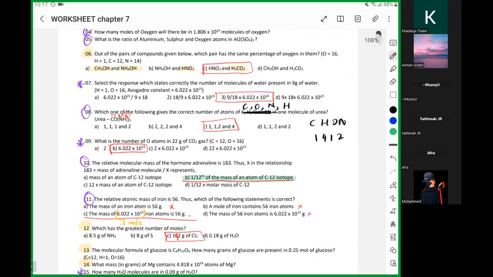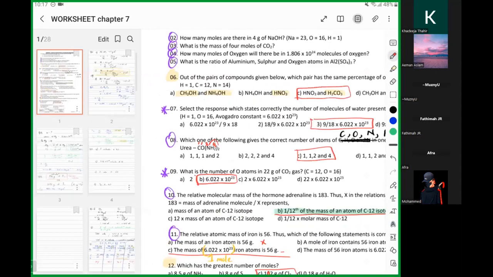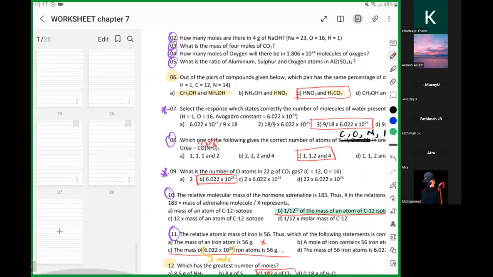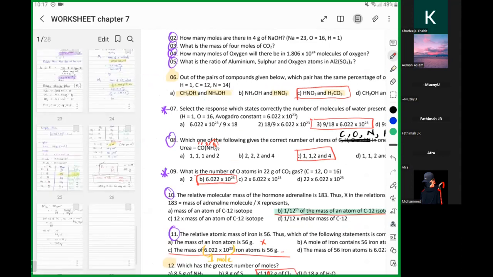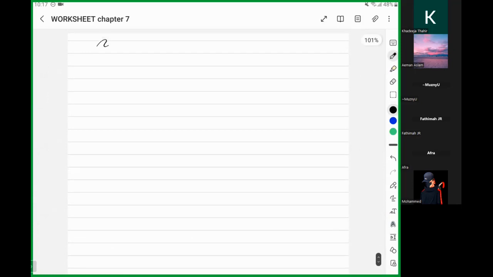Yeah. What is the difference between molar mass and relative molecular mass? Okay, I'll answer that. Good question. So he's asking me the difference between molar mass and relative molecular mass. I'll take an example of a molecule like water.